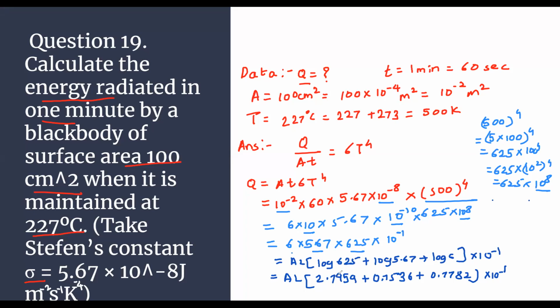Log of 625 is 2.7959, log of 5.67 is 0.7536, and log of 6 is 0.7782, into 10 raised to minus 1. Then we need to add, and after addition you will get 4.3277.